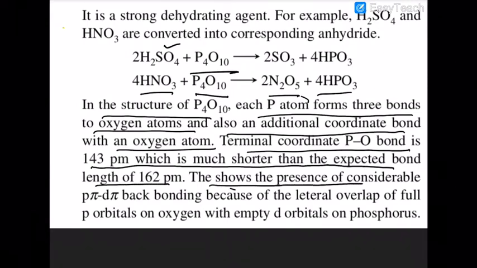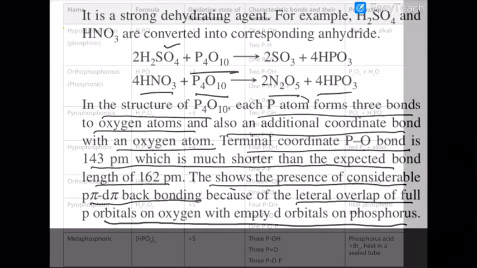This is because of the considerable p pi d pi bonding. So remember that when a single bond turns into a double bond, its bond length definitely decreases. This happens because of the lateral overlapping between the p orbital of oxygen and the empty d orbital of phosphorus.